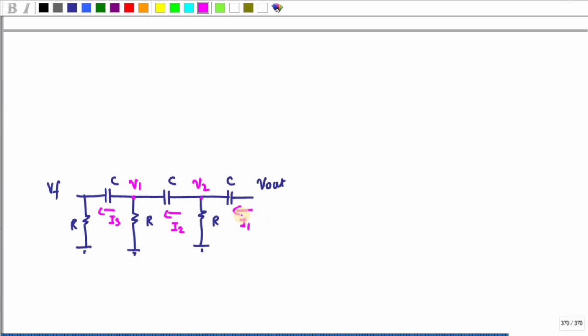I can write V1 is equal to I3 into XC plus I3 into R, right?